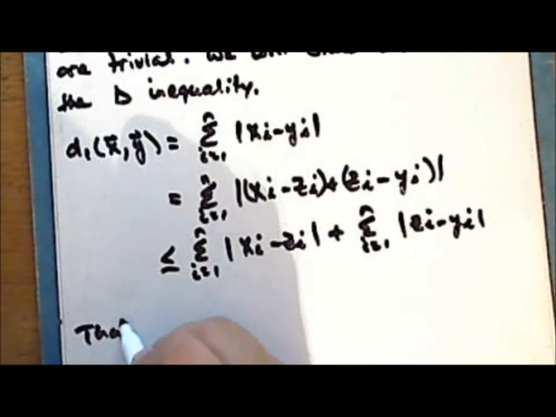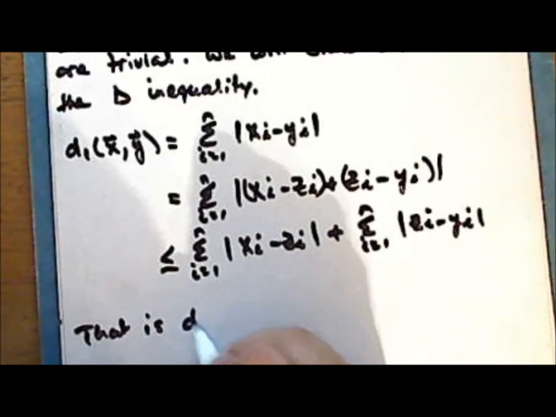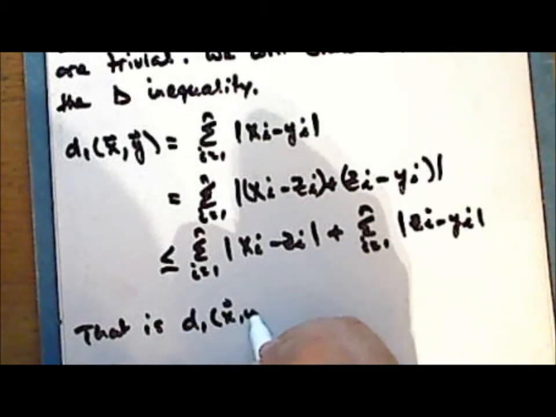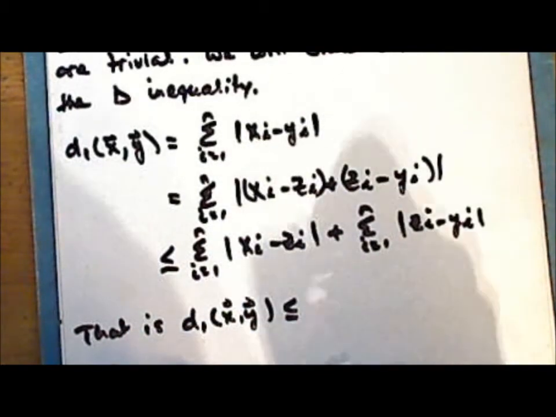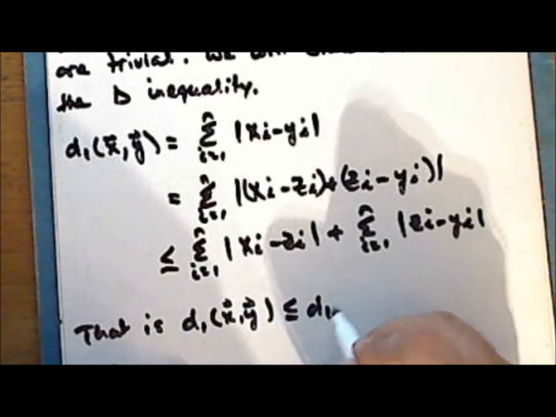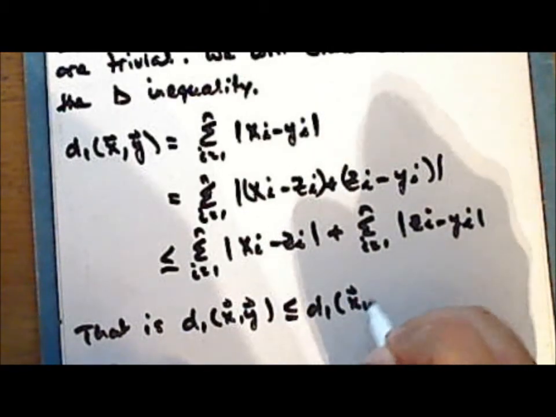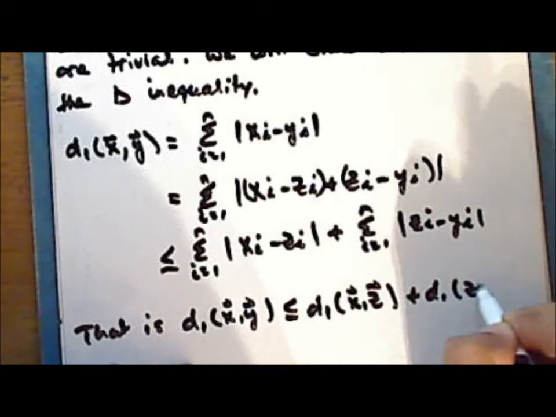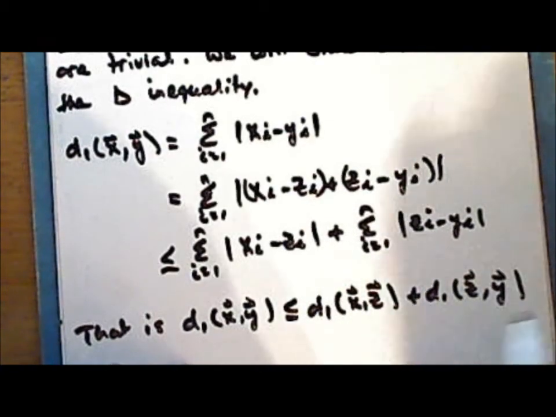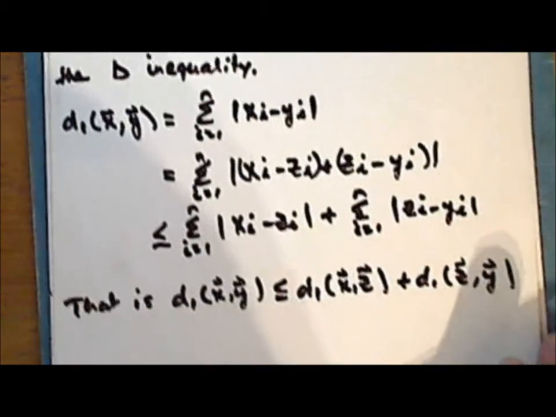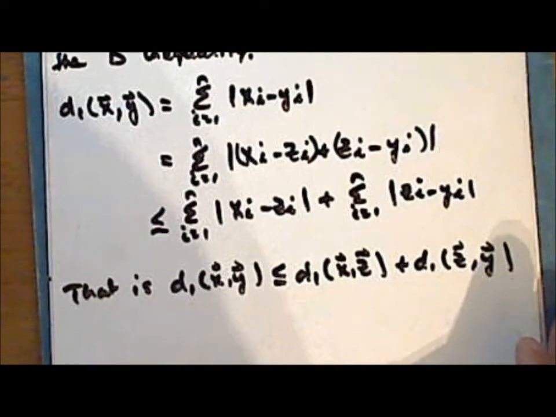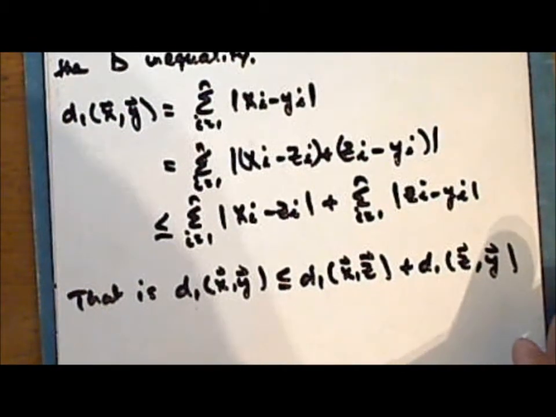That is, d sub 1 of (x, y) is less than or equal to d sub 1 of (x, z) plus d sub 1 of (z, y). So this is indeed a metric on finite dimensional real space, called the L1 metric or the taxicab metric.